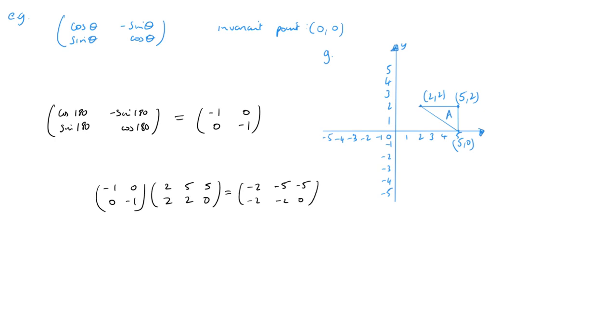So -2, 2 is here, -5, 2 is here, and -5, 0 is here.